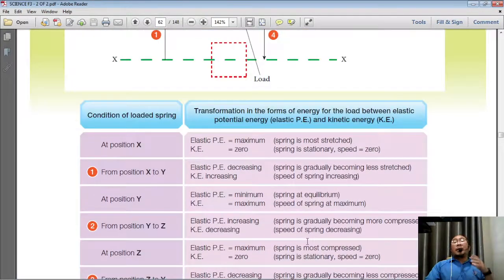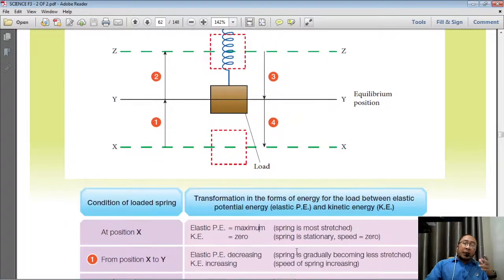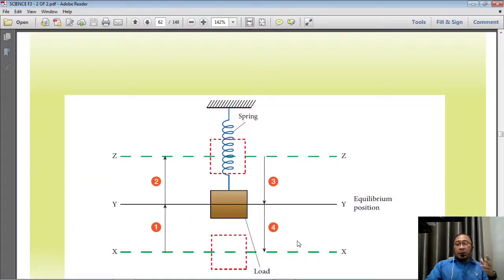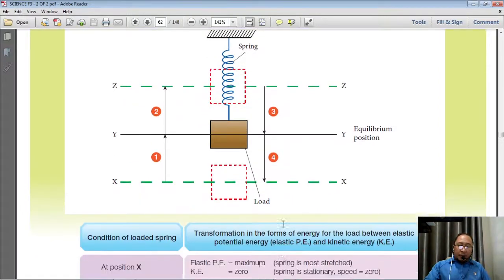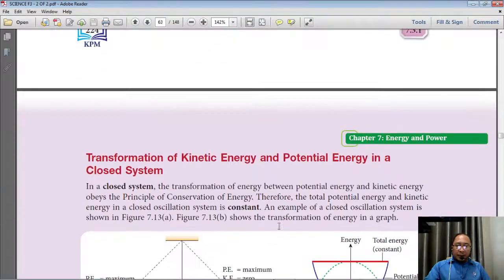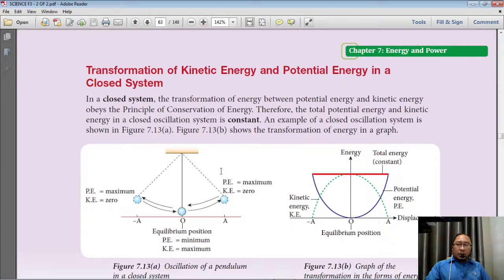So that is the situation to explain the second example of the principle of conservation of energy: the transformation of kinetic energy and potential energy in a closed system. In a closed system, the transformation of energy between potential energy and kinetic energy obeys the principle of conservation of energy.